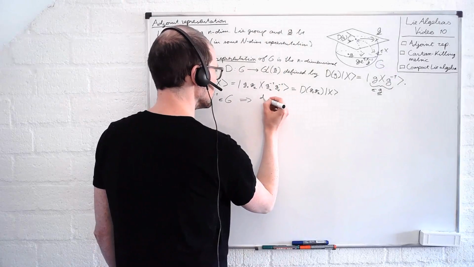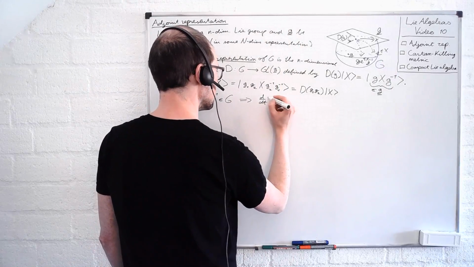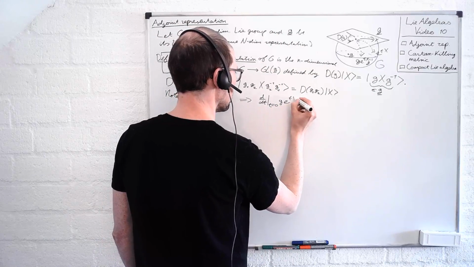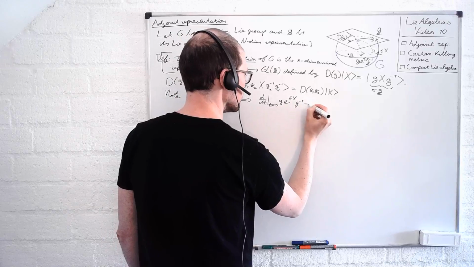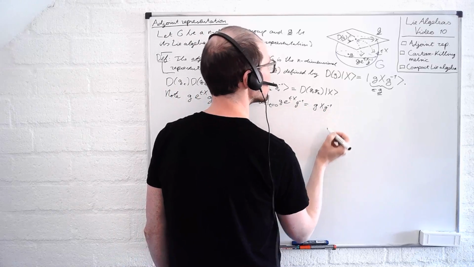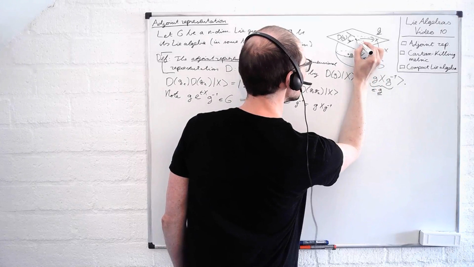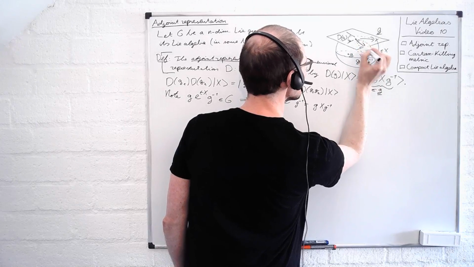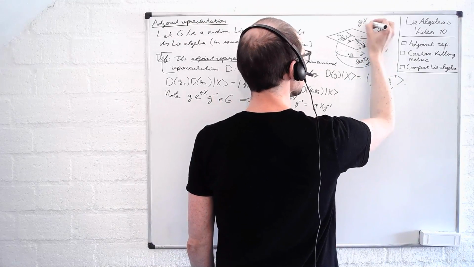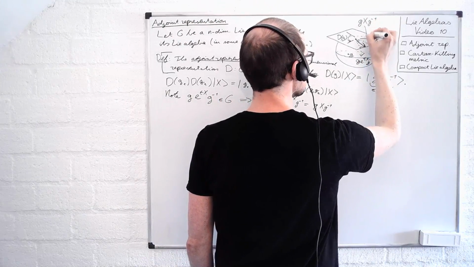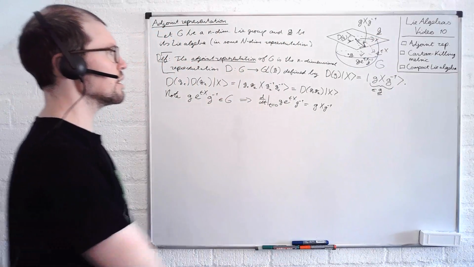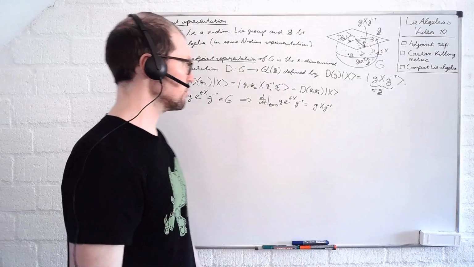Let's compute this tangent vector at t equal to 0, and lo and behold, this is just g x g inverse. So this vector, g x g inverse, is really a tangent vector at the identity, and therefore a Lie algebra element.